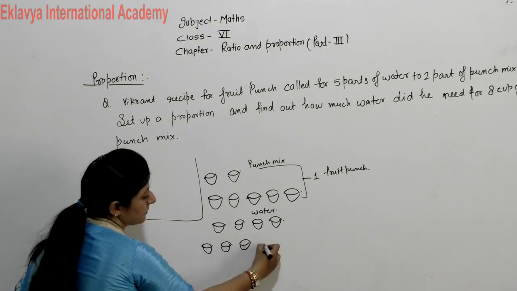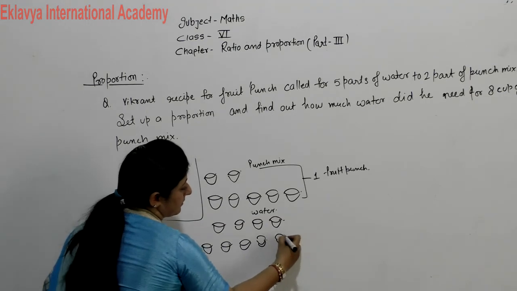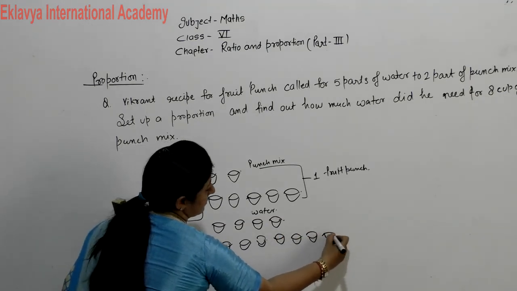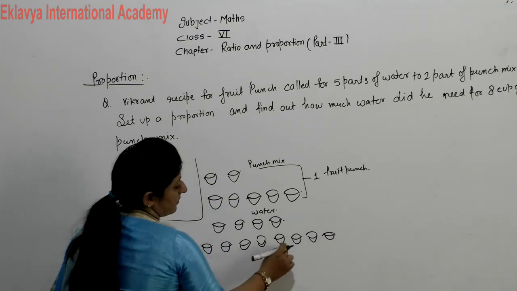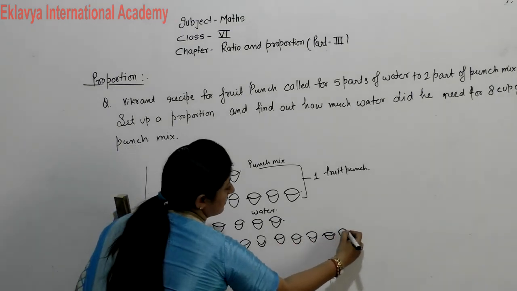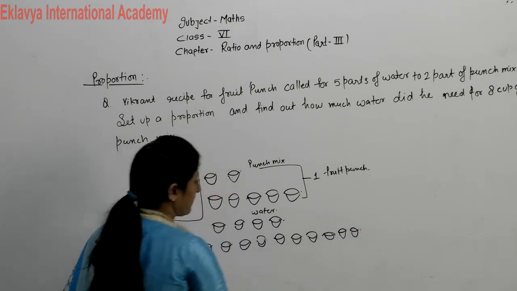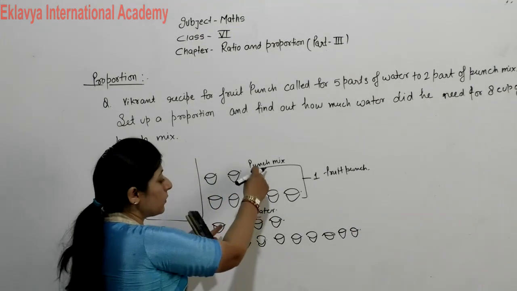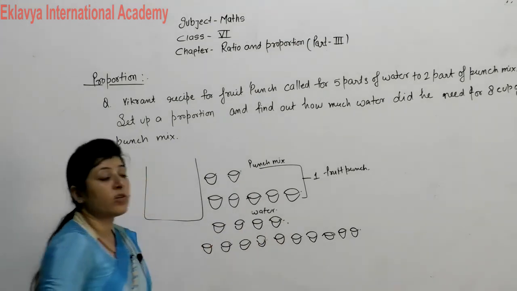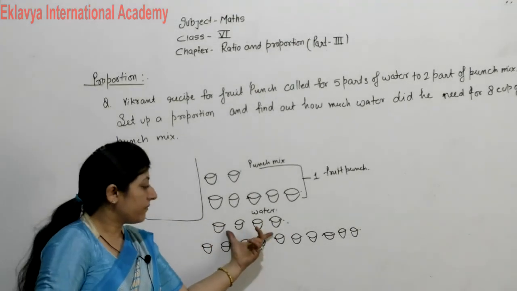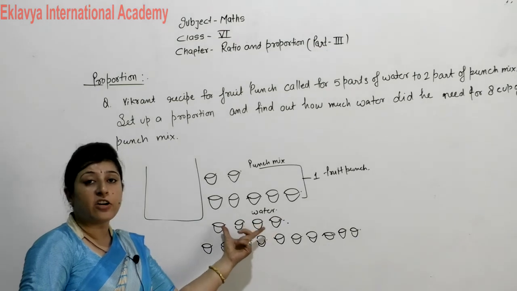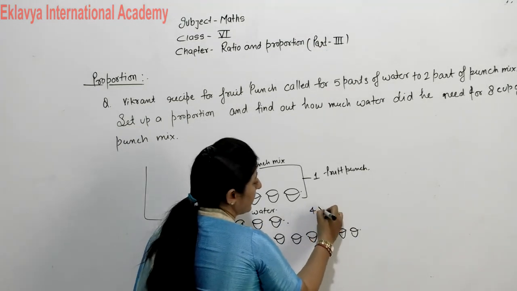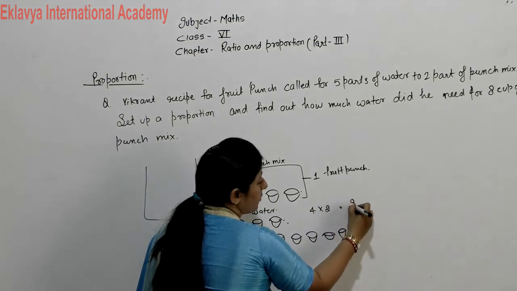Now, 2 to 4, we doubled the quantity of punch mix. 4 to 8, we double again.